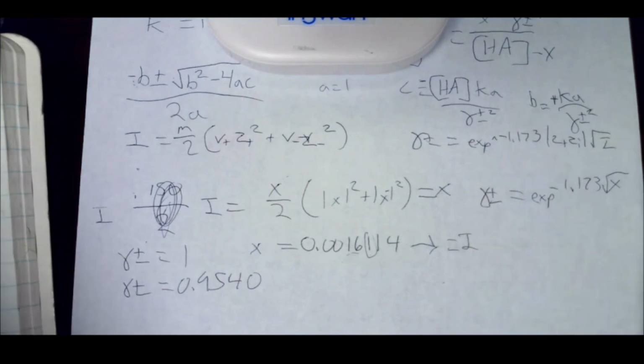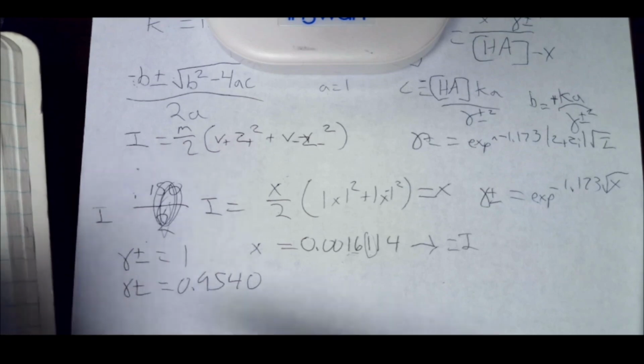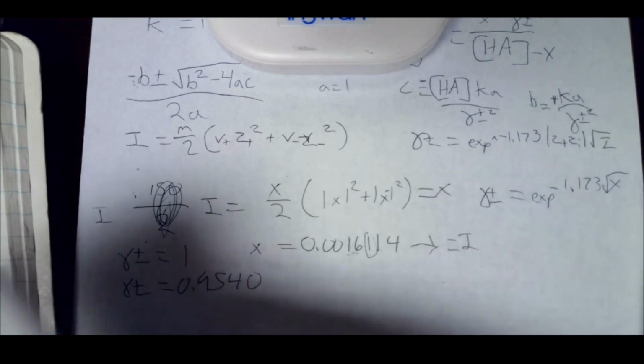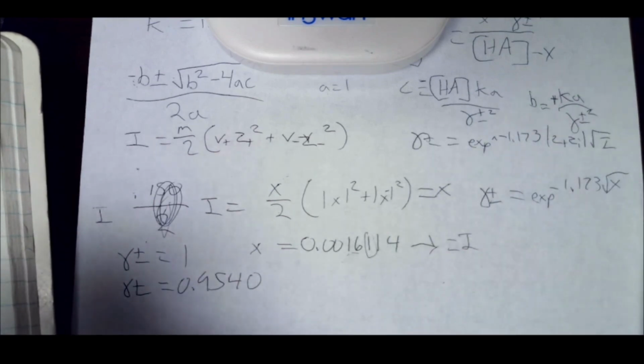Now plugging that in to our equation with the gamma plus or minus, we can run our values again. So running that again, our new x, which is our new I, so running that through the whole quadratic again, gets us 0.00168, we'll say 9.